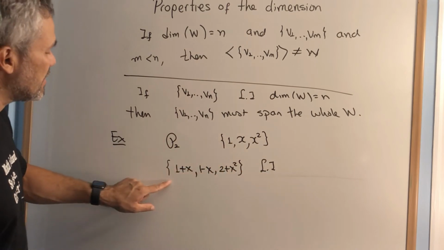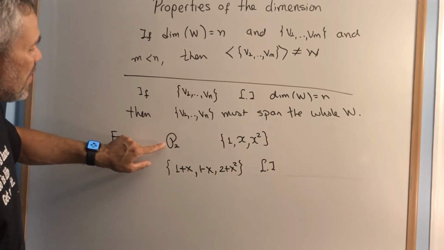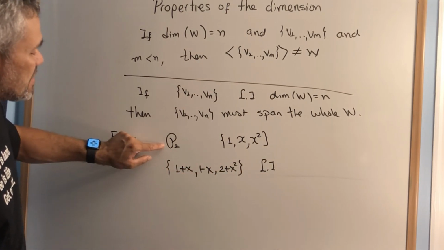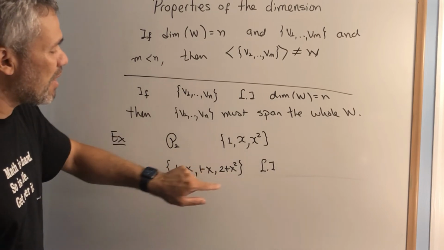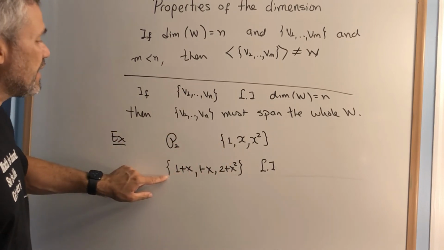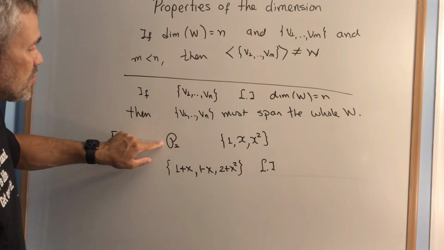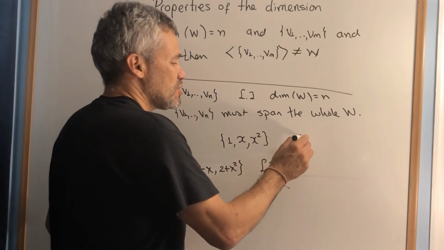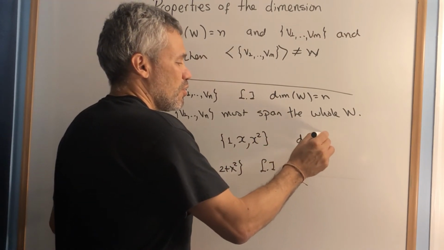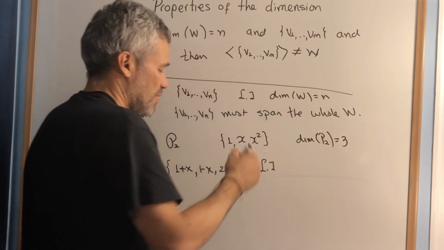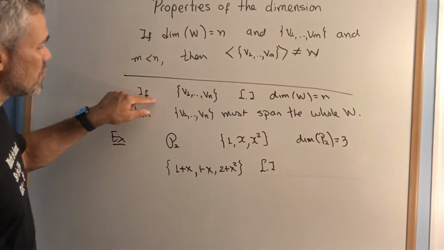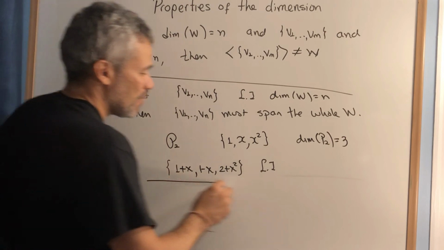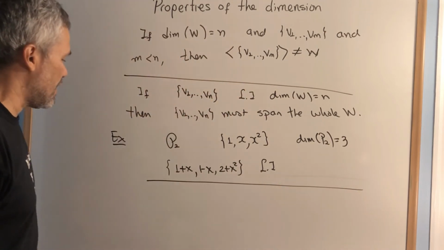Therefore, since they are linearly independent, they must be a basis for P2, because we have the right amount, they must span the whole space. They are also a basis for P2 because the dimension of P2 is 3. This is an application of this theorem.